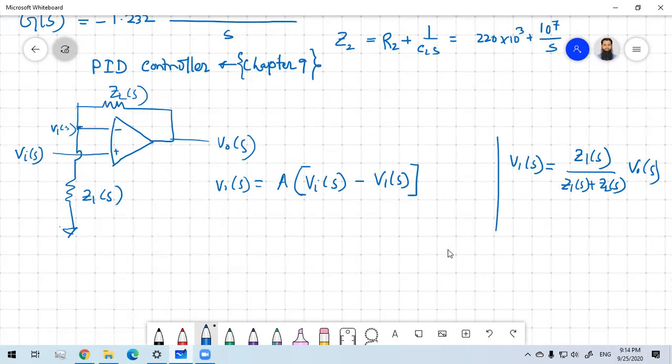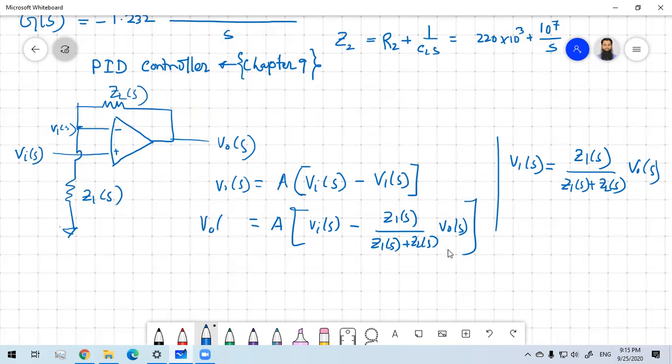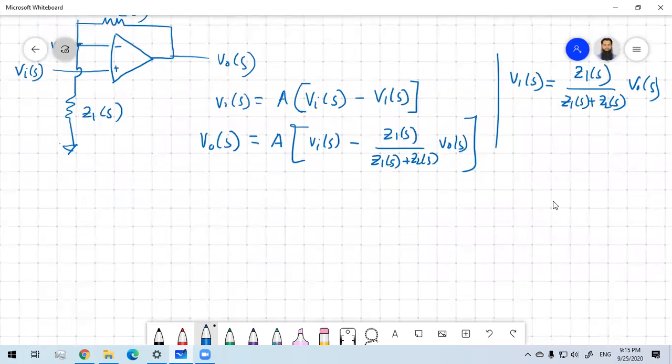If we put the value here, we have V0S equals A into (VIS minus Z1S divided by (Z1S plus Z2S) into V0S). On both sides you have V0S, so we can take them to the same side and rearrange a bit.